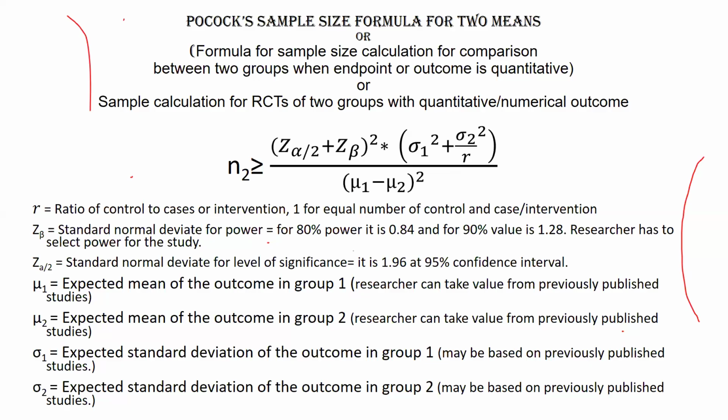So our study is published in the control group, but not in the intervention group. So for the first time we don't have mean and SD for the intervention group, but we have mean and SD for the standard or control group. So for the intervention group, we can assume on the basis of our clinical experience, and we have to calculate sample size.